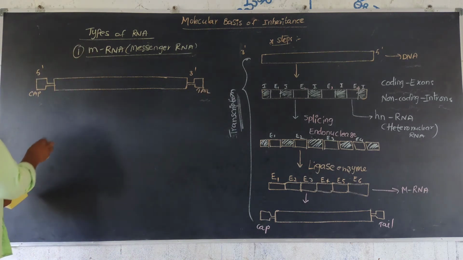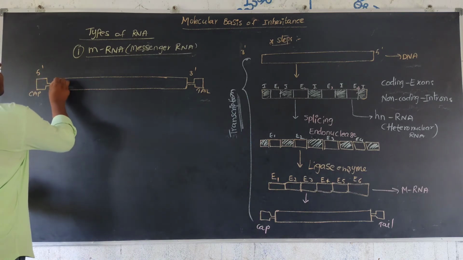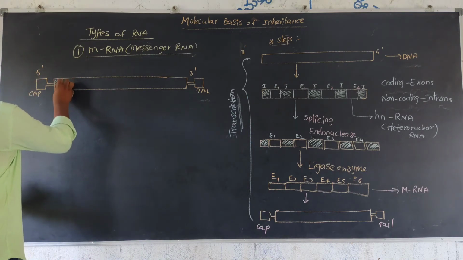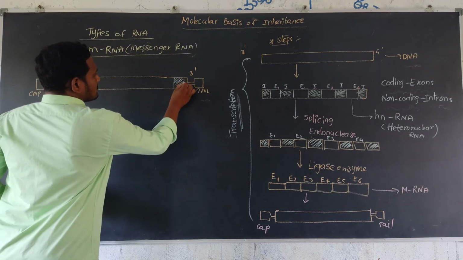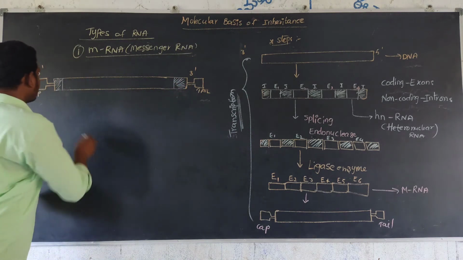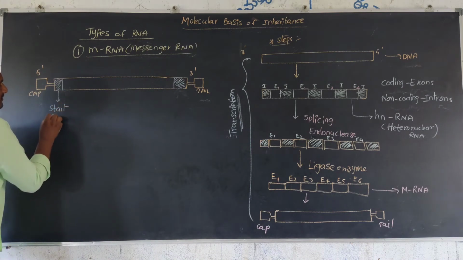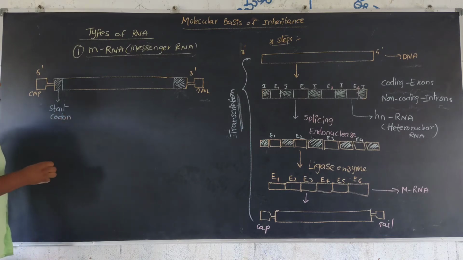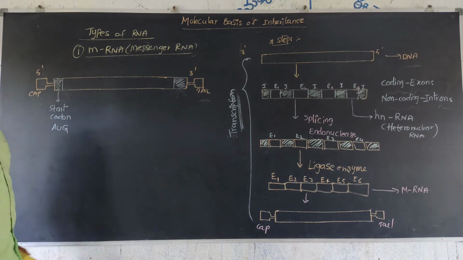Next, in this mRNA, two regions are there. This is the start codon, and this is the stop codon. The start codon starts with AUG.